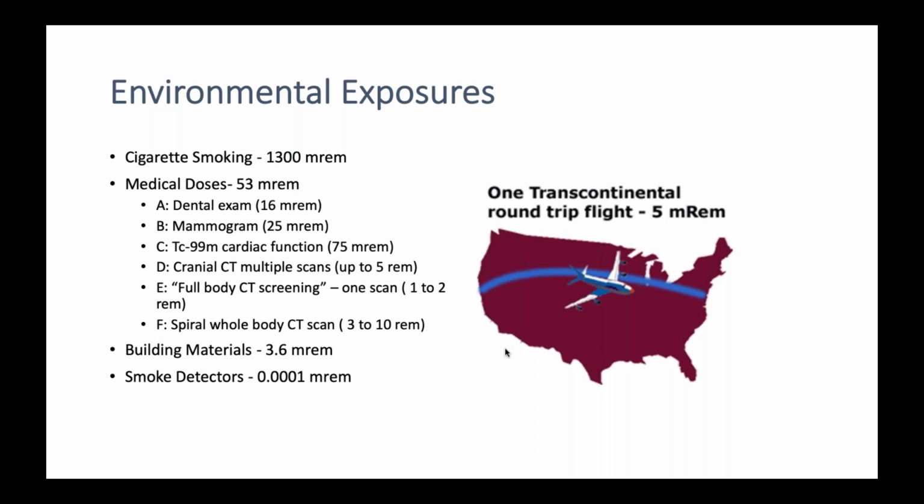Okay, so building materials, smoke detectors. There are two kinds of smoke detectors, right? Photo detectors and ionization detectors. The ionization detectors have a little ionization chamber, a little gas chamber in them. They have a little speck of an alpha emitter, americium.